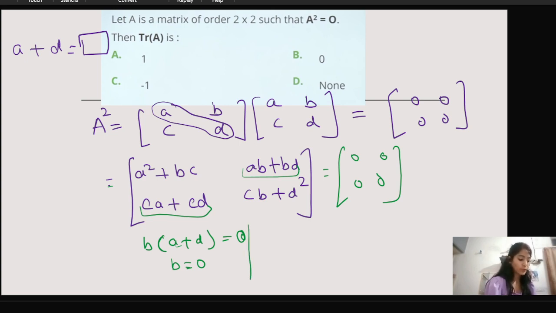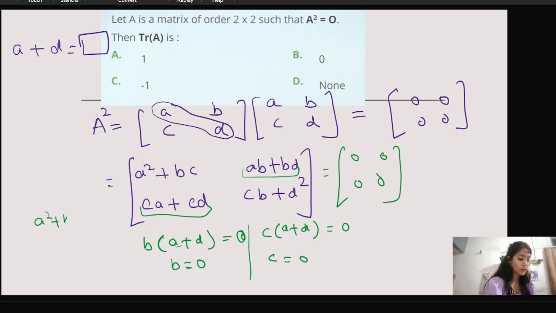Okay, and from here take C common. C times (A plus D) is equal to 0, and A plus D is not equal to 0, that means C is equal to 0, right? So if B is equal to 0 and C is equal to 0, that means from here A is equal to 0. If we compare with this 0, let me explain to you.